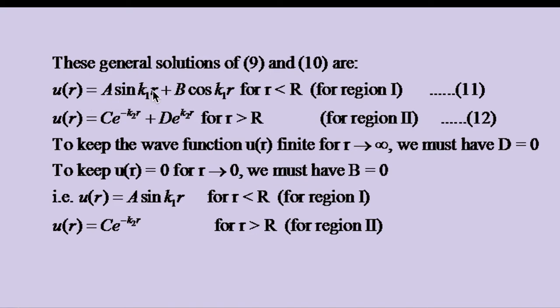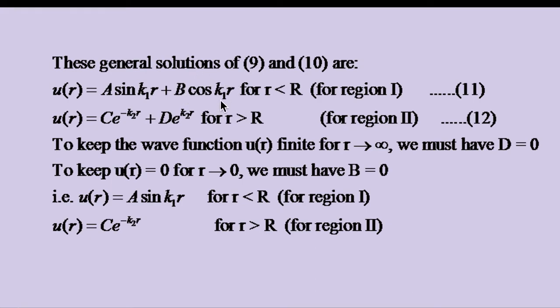So here you can see when r is equal to 0, sin 0 is 0. But in case of cos, cos 0 is 1. So cos k1r is 1 when r tends to 0, and at r tends to 0, this u of r must be tending to 0. Sin k1r is already 0, so this is possible only when this product is 0.